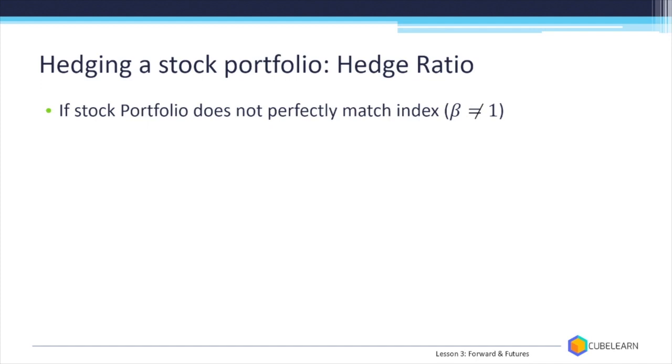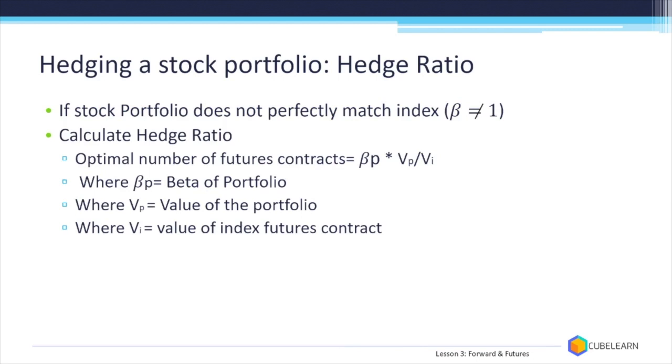Formula for an optimal hedge where the stock portfolio does not perfectly match the index. Beta is not equal to 1. Step 1. Optimal number of futures contracts is equal to beta of portfolio multiplied by the value of the portfolio divided by value of index futures contract, as given on the slide.